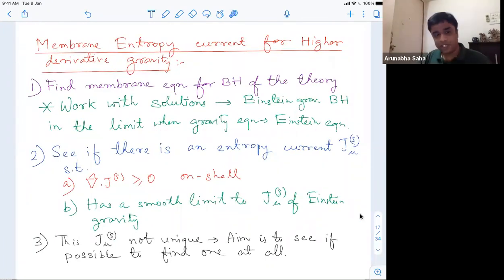I think this is a reasonable assumption, since you don't want spurious solutions in your theory. And then the point is to use the membrane duality to find an entropy current which has a positive definite divergence on shell, that you have used the membrane equation to arrive at this conclusion. And this entropy current has a smooth limit to Einstein gravity when the gravity equation reduces to Einstein equation.